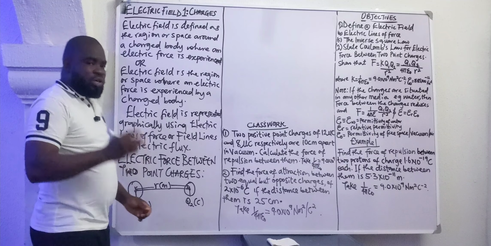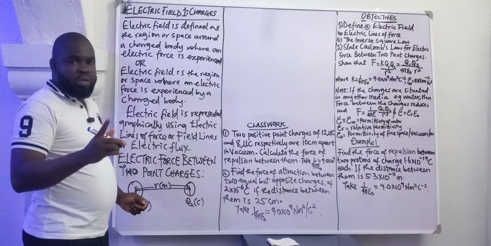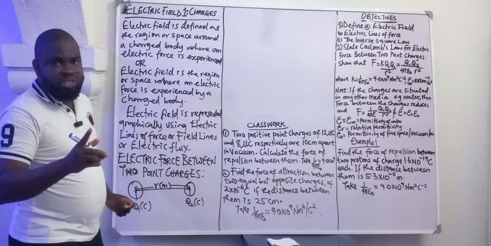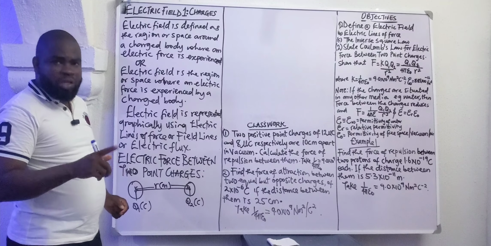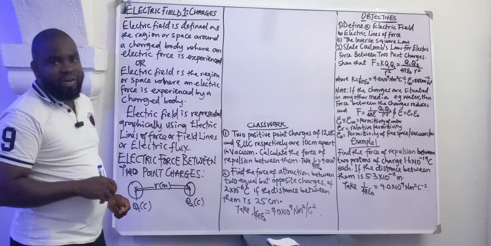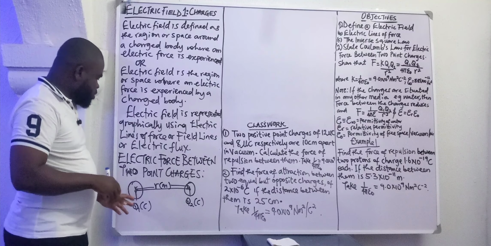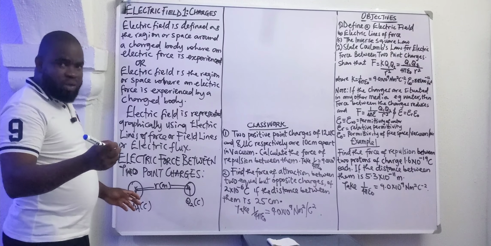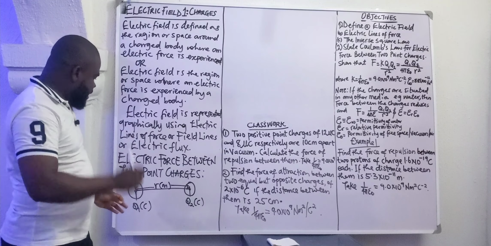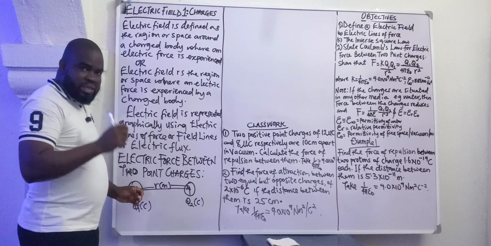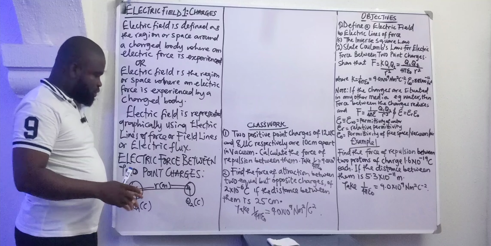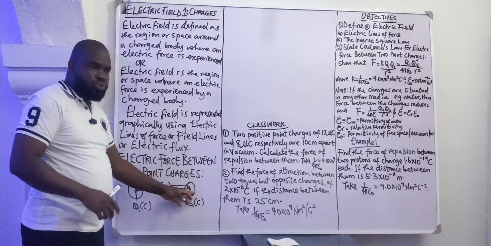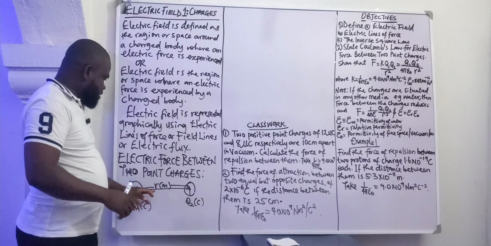Now, it was a French physicist called Charles Coulomb in 1785 who first studied the nature and magnitude of the electric force that exists between two electrically charged bodies, Q1, Q2, separated by a distance, r.